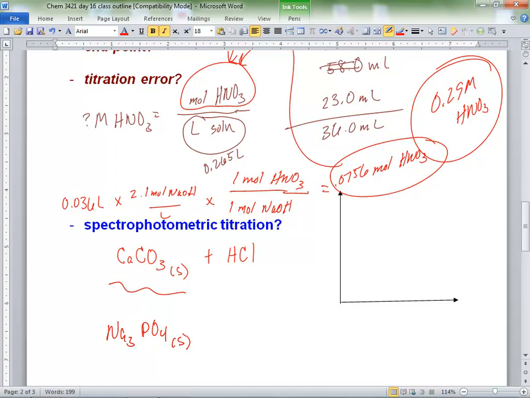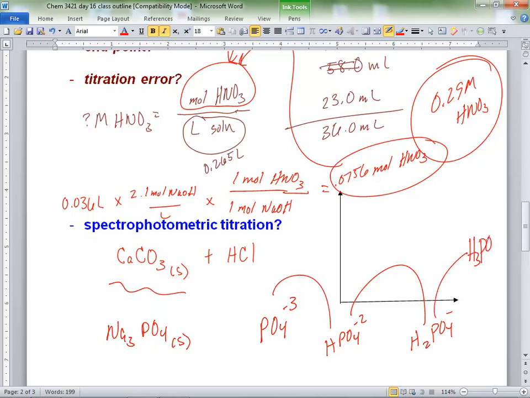But I'm thinking in my head, oh, I'm forming, oh, that's somebody's conjugate base. So I can form this. Oh, but that's somebody's conjugate base. So I can form this. But that's somebody's conjugate base. So I can form this. And I can keep playing that game for anything that's a weak acid.